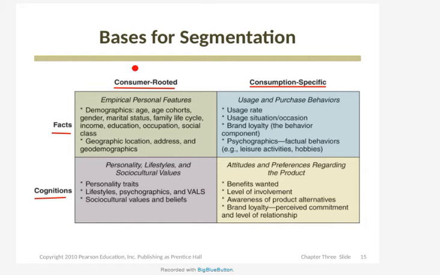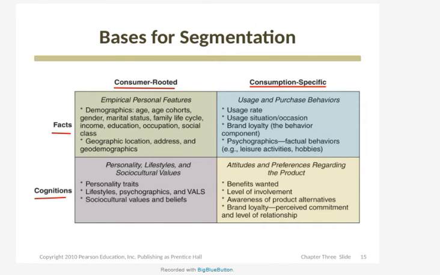It's related to the customer, but not customer rooted. Do you know what rooted means? Inherent in the consumer, something related to the consumer himself. However, here we have the consumption specific: the behavior, the benefits, wants, the level of involvement, the awareness. This is consumption specific, not consumer rooted.